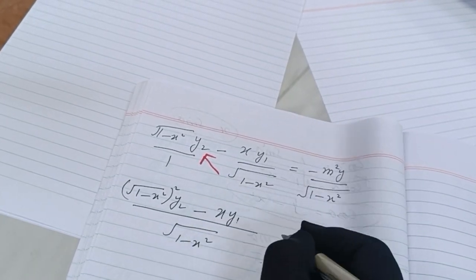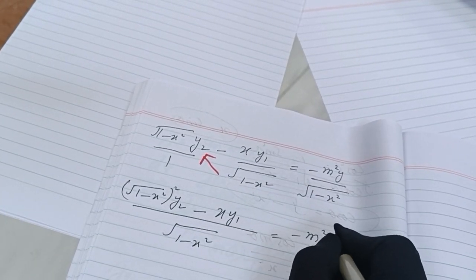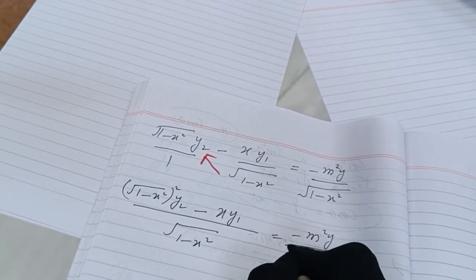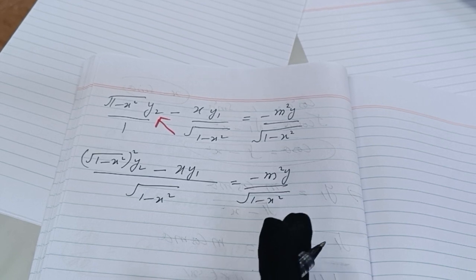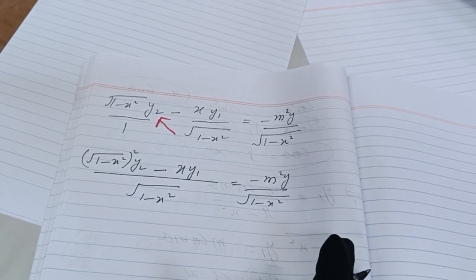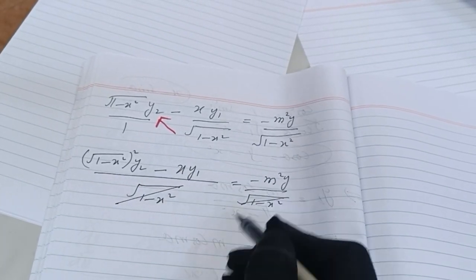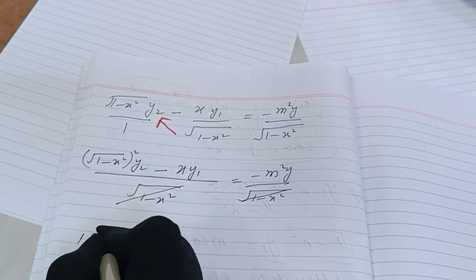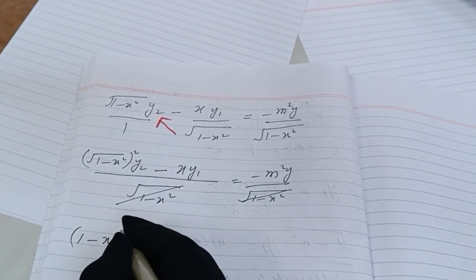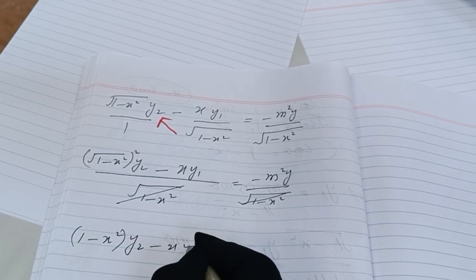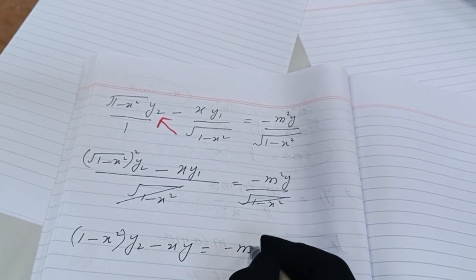Minus xy1 equals to minus m square y over 1 minus x square over there. Now across the equality, corresponding elements exactly with the same sign can be cancelled as it is. Okay, so I will cancel this one. Remaining is left 1 minus x square. Square and square root cancel each other. y2 minus xy1 equals to minus m square y.